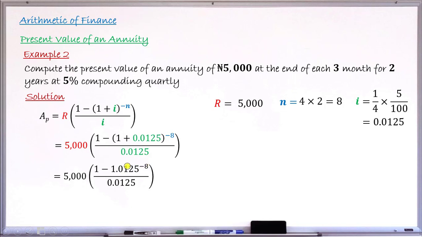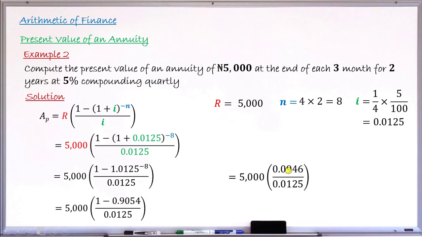So what I'm going to do next is to find 1.0125 raised to the power of minus 8. If that is done correctly, you now have 0.9054. Next I'm going to subtract 0.9054 from 1. If that is done correctly, you now have 0.0946. Next I'm going to divide 0.0946 by 0.0125.